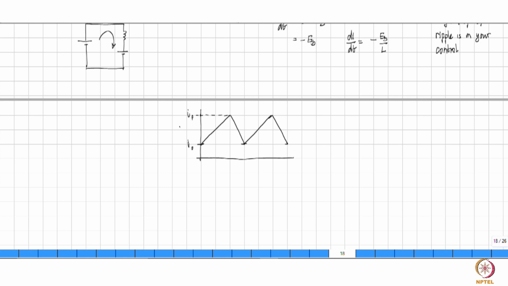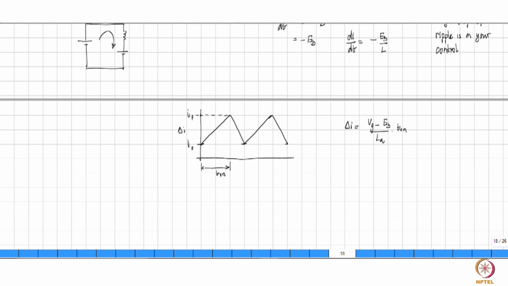And therefore, if this ripple is delta I, how do you compute delta I? Delta I is then equal to Vg minus Eb divided by La multiplied by the on time, where this is then the on time.